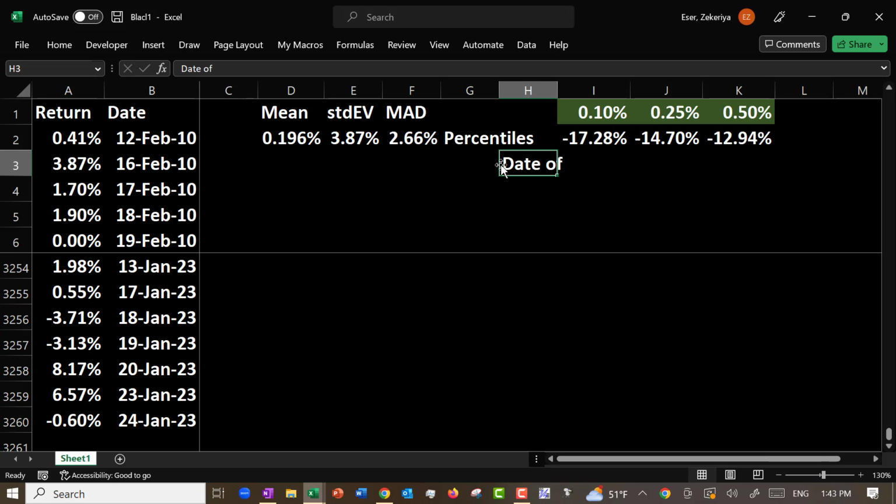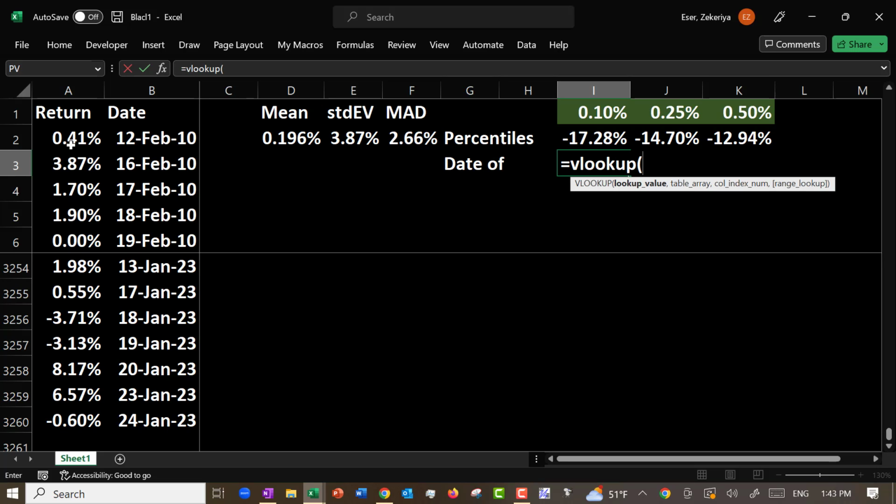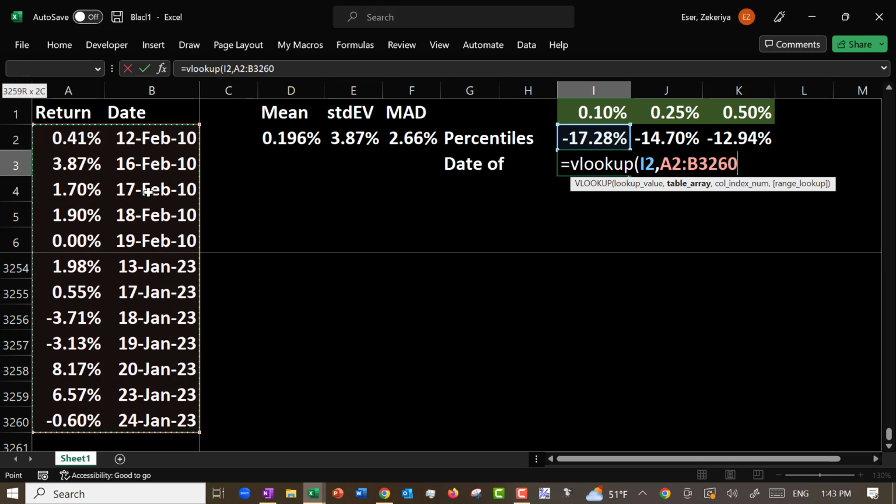You can even find the date of it. It won't be exact, but you look up that value in this range, get the second one once you find a match.